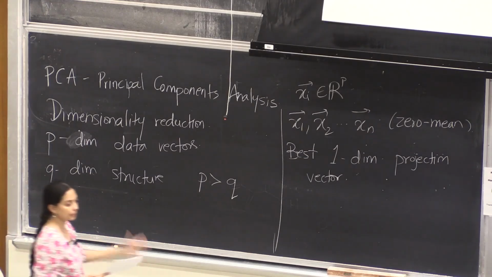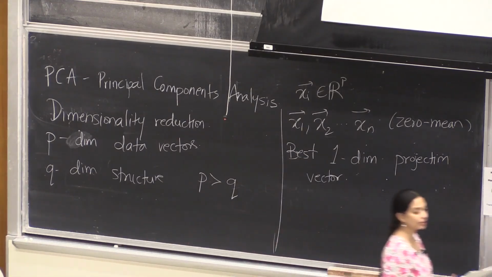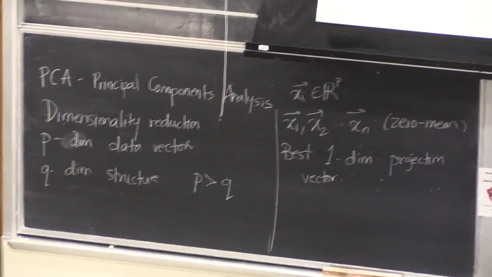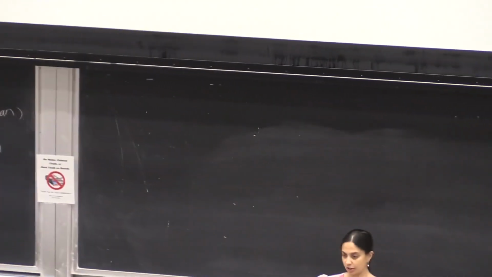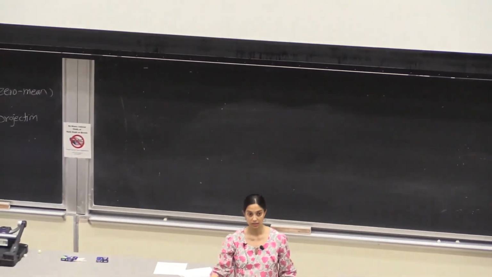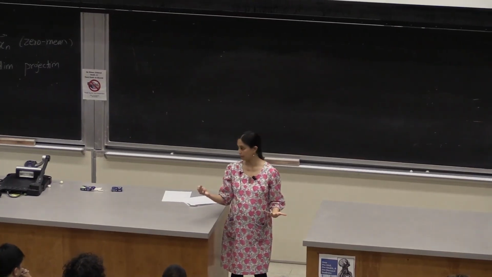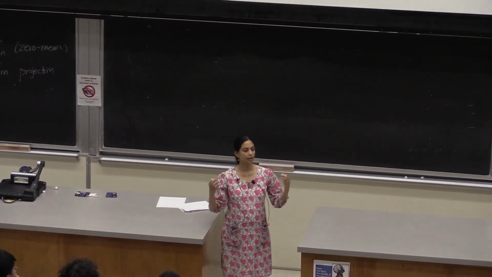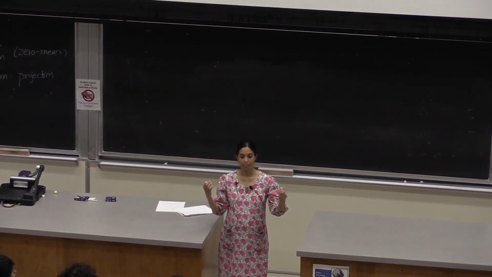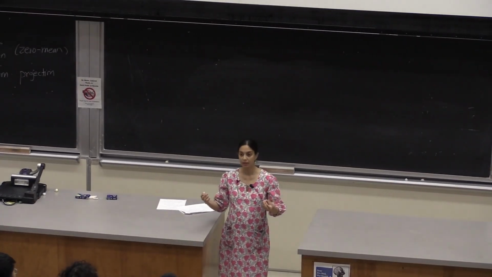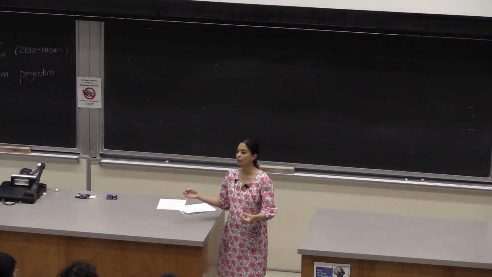And so, for example, if I had three-dimensional data, right? That means I have vectors that are in R3. So let's say this corner here is my origin. I have x-axis, y-axis, z-axis. I have three-dimensional data here. When I want to find the best one dimension, that means I want to find that one-dimensional hyperplane.